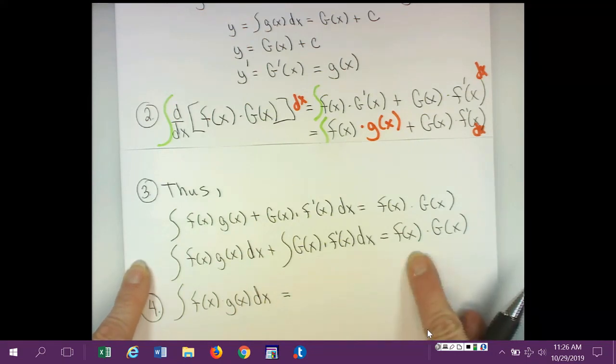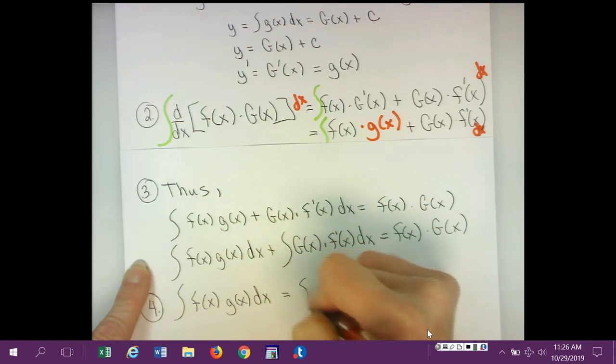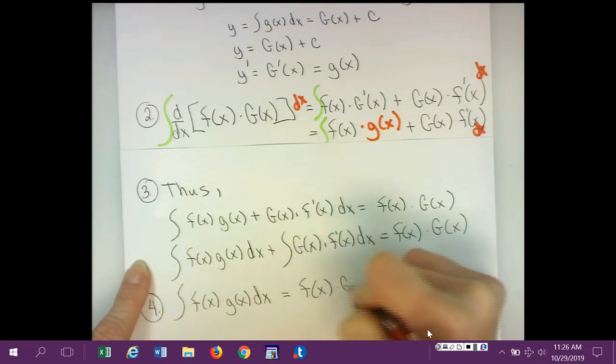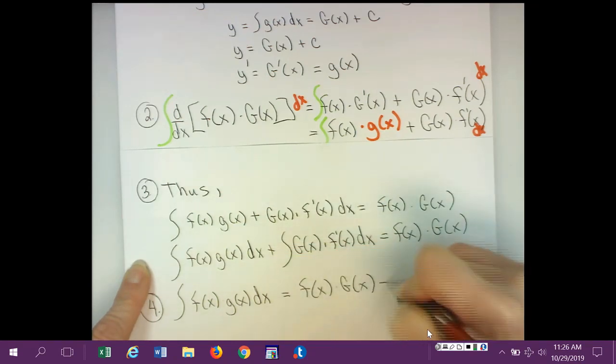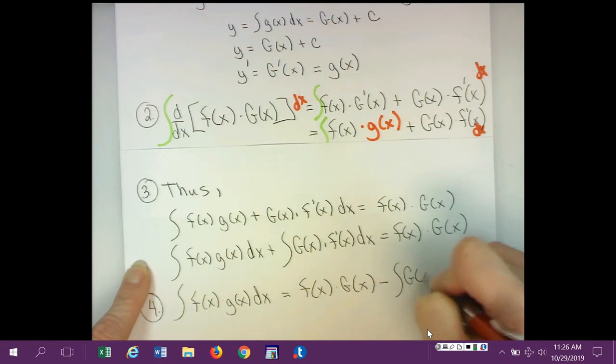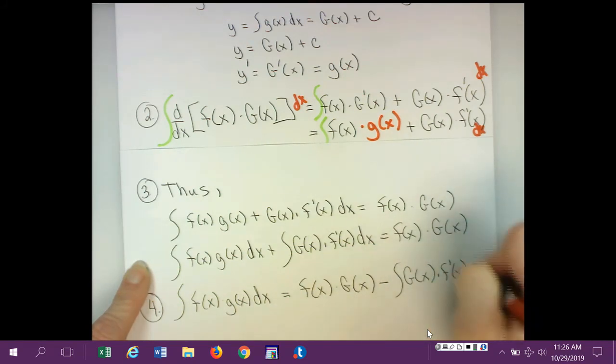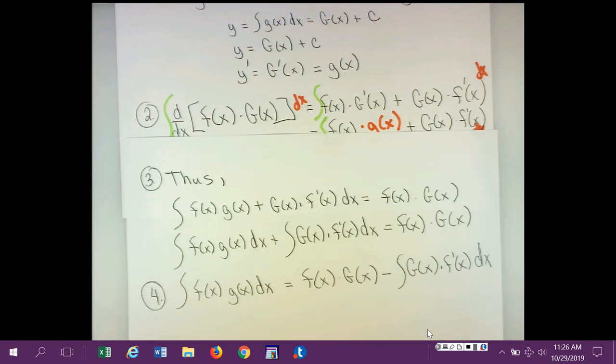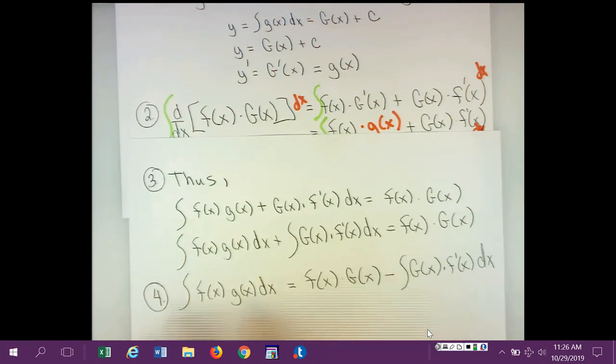So the right-hand side of the equation is going to be little f times capital G minus the antiderivative of big G times the derivative of little f with respect to x. Therefore, we have somewhat of a formula now for solving for this particular type of integral with this product of two functions.